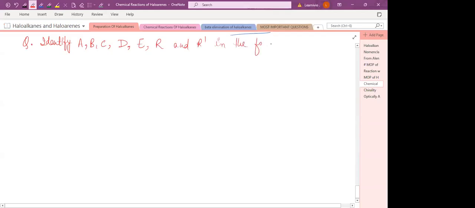In this question, we have to identify these. Plus Mg in the presence of dry ether. This is dry ether. You will get A. You have to identify A.